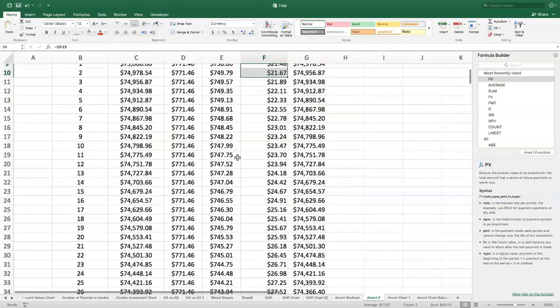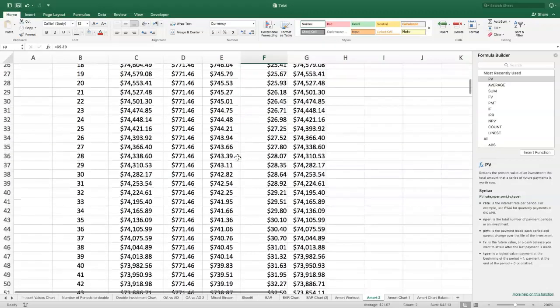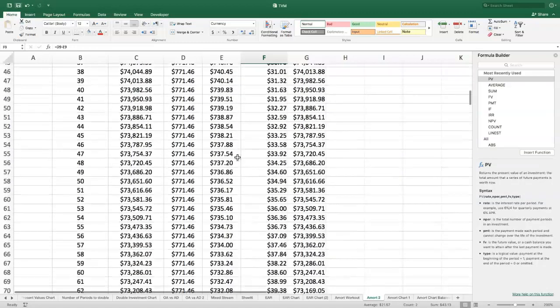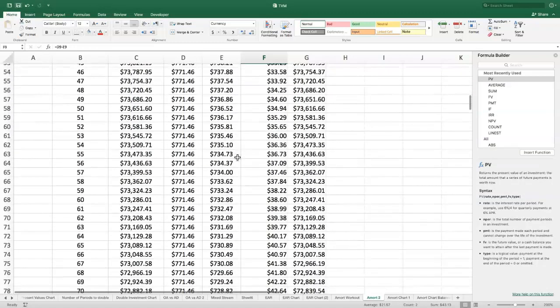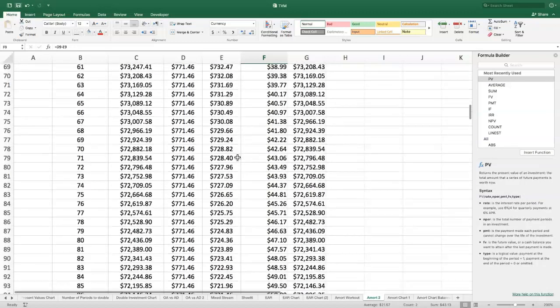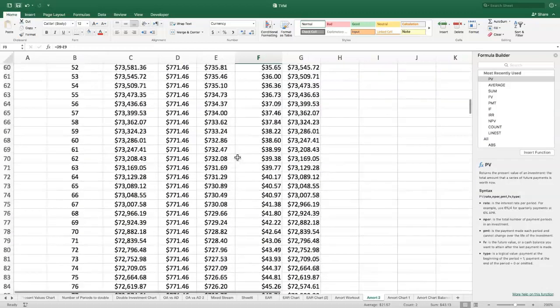And as we scroll down, we can see that over time, the amount that goes towards principal is increasing, and the amount that goes towards interest is decreasing.